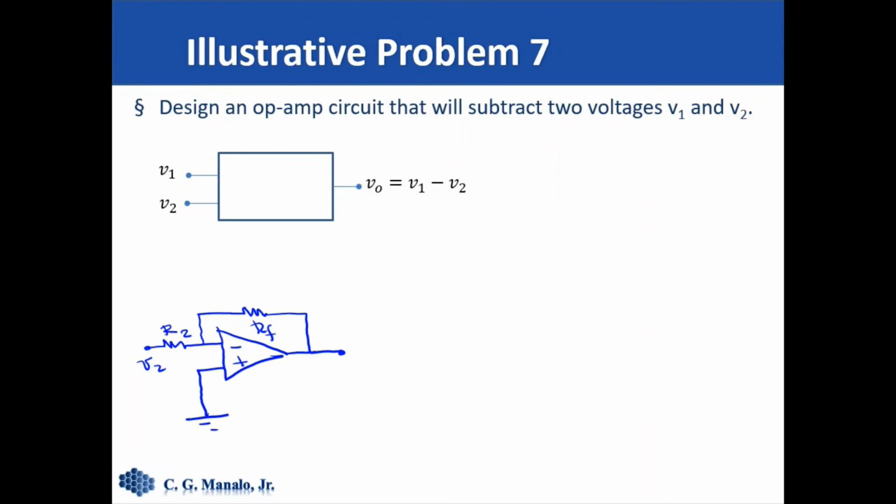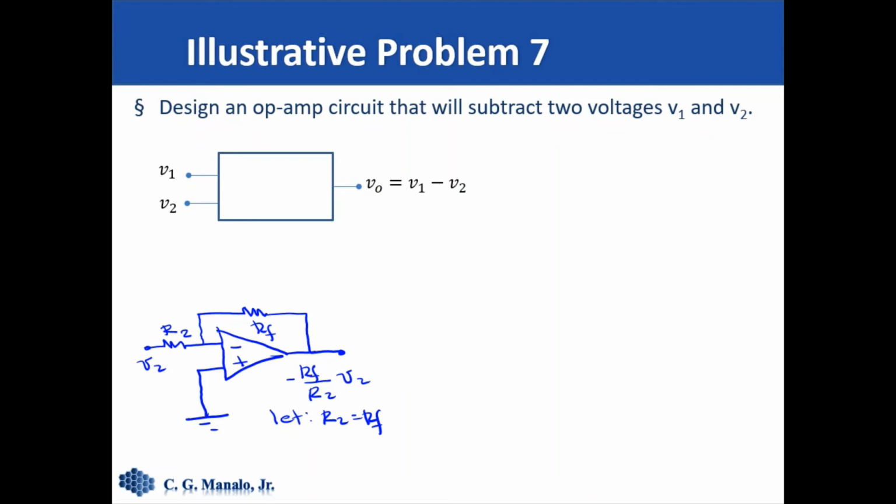So the output here would be equal to the negative of Rf over R sub 2 times V2. Okay. Now we let R2 equal Rf.